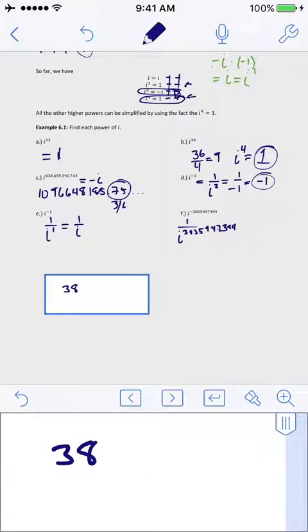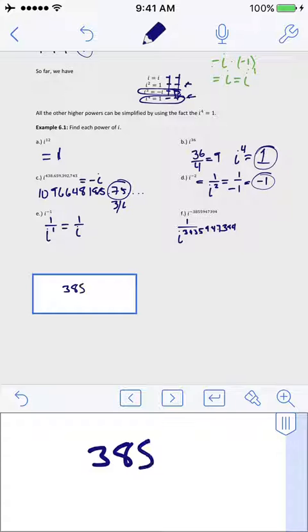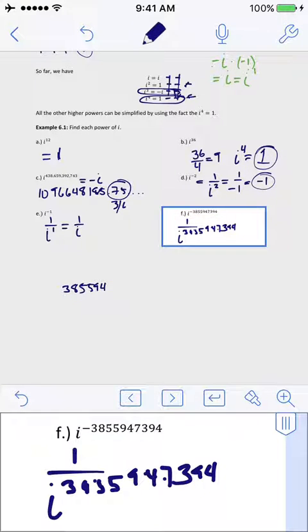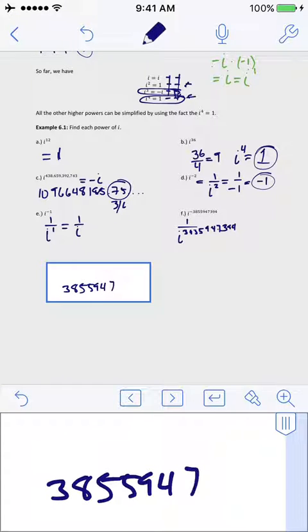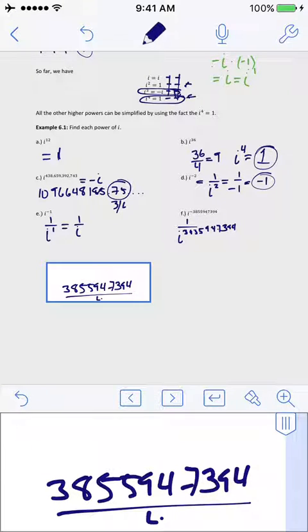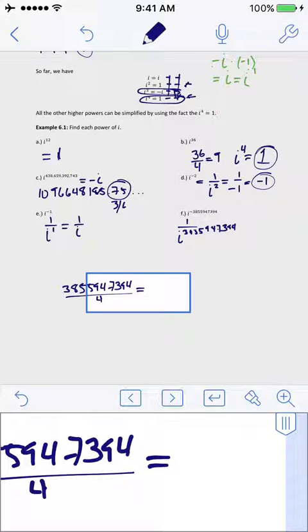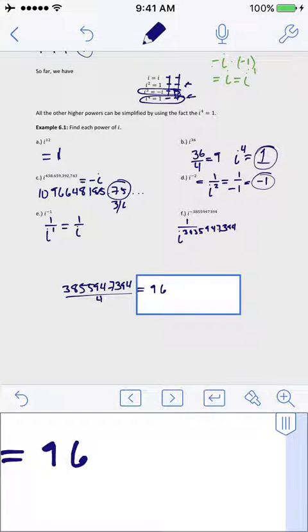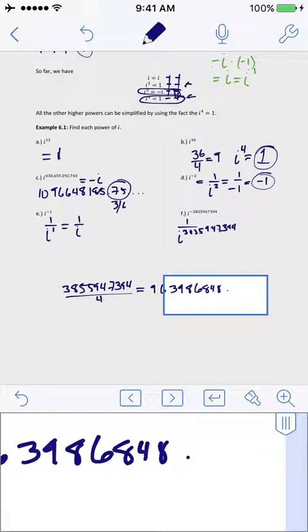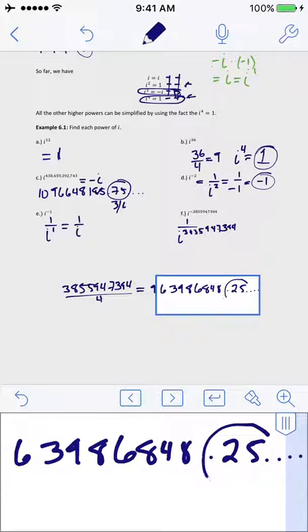If you have a powerful enough calculator, then you would get 0.50 dot dot dot.